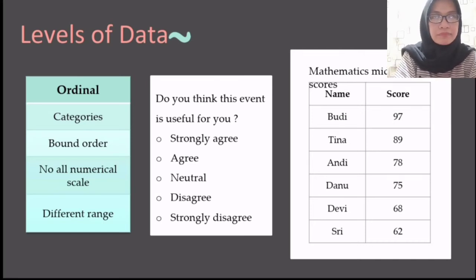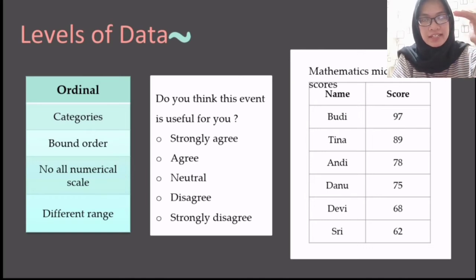For example, the question, do you think this event is useful for you? And the multiple choices are strongly agree, agree, neutral, disagree, and strongly disagree. It has more than 2 categories of choices.